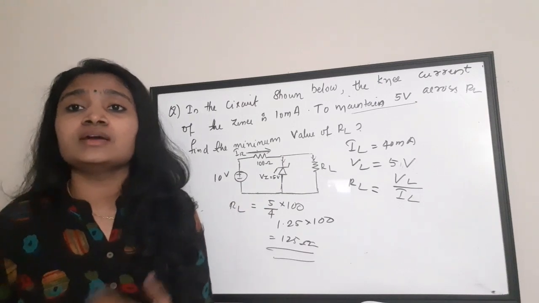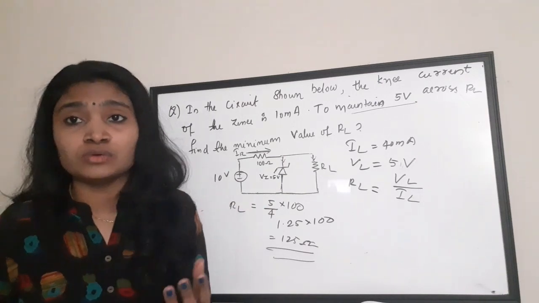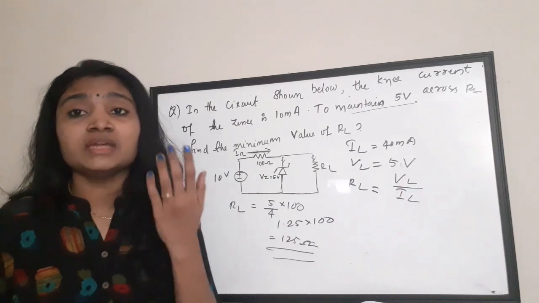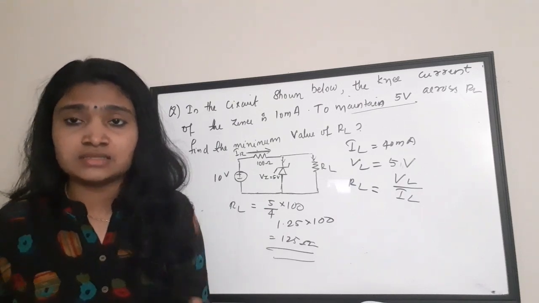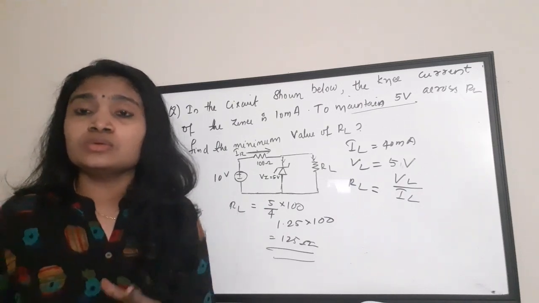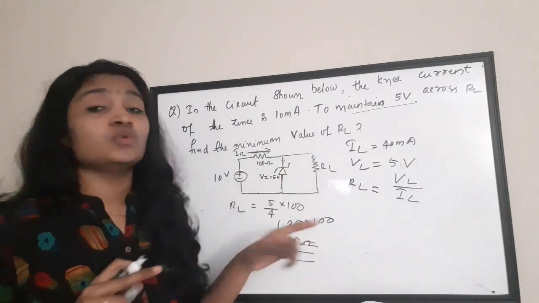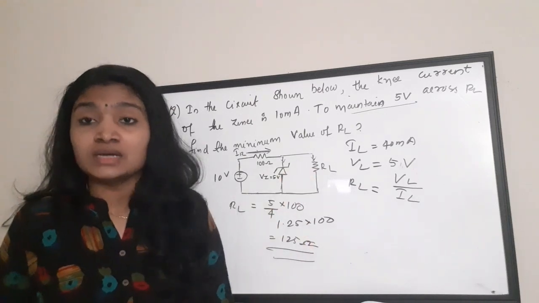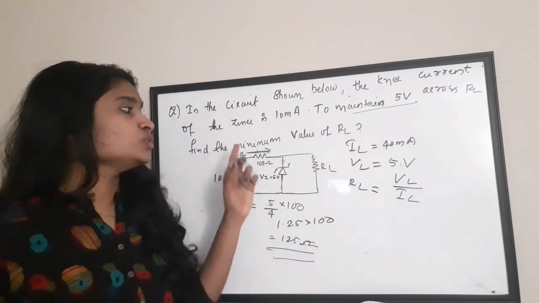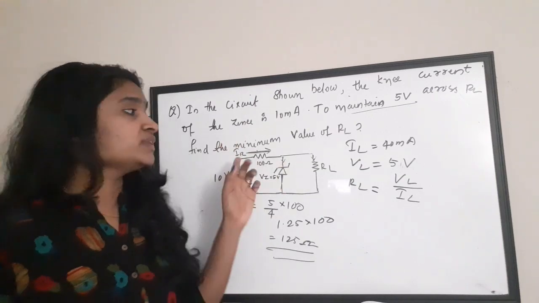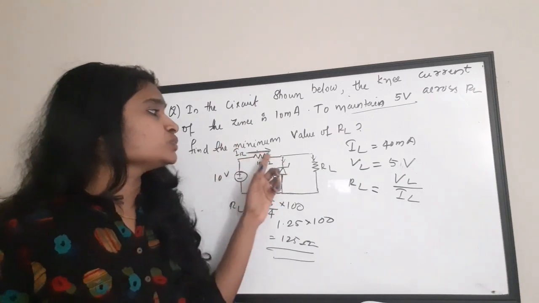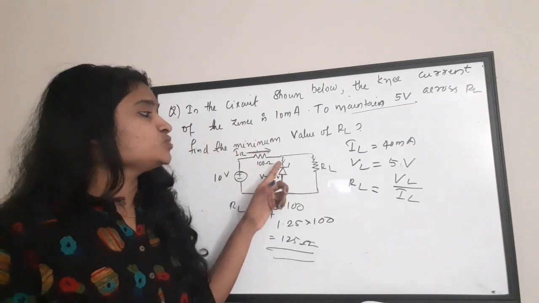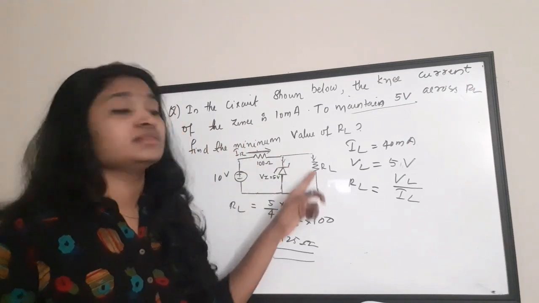In this question, they are asking the value of the load resistance. There is a minimum value of load resistance we have to keep to maintain 5 volt across the load. For that, we have to use the current equation here. The current flowing through this resistance is getting split across the Zener and the load.